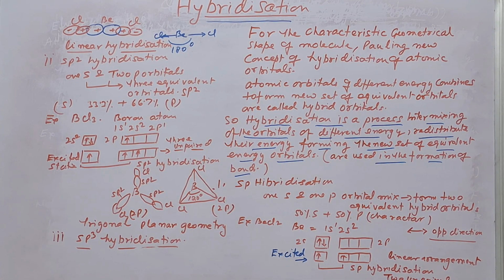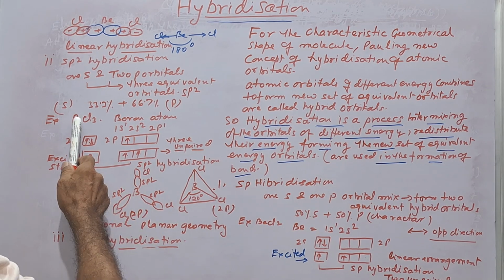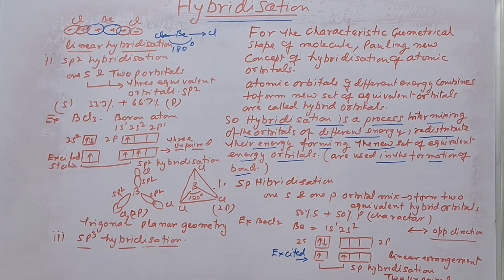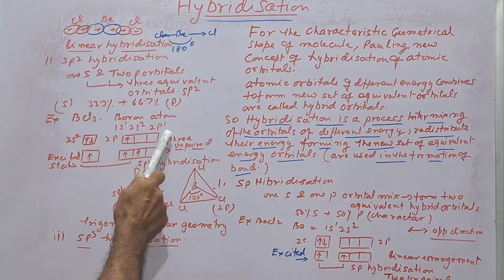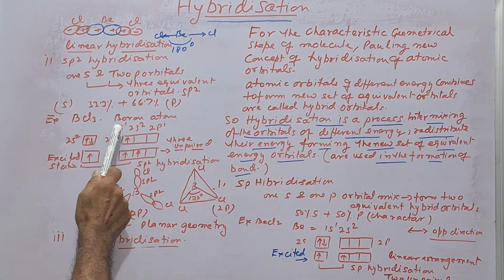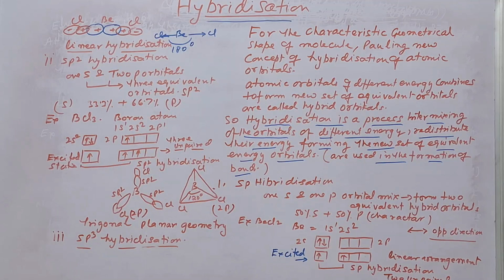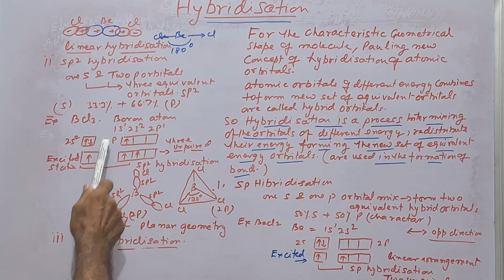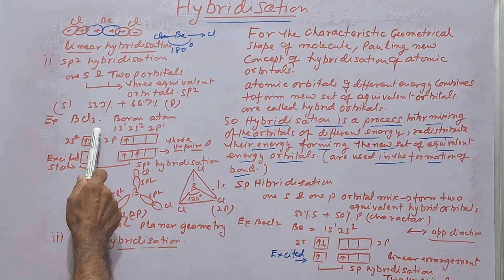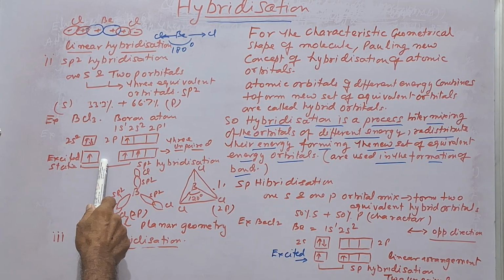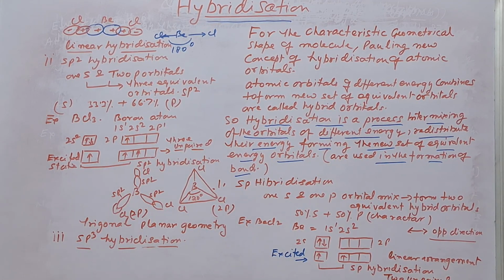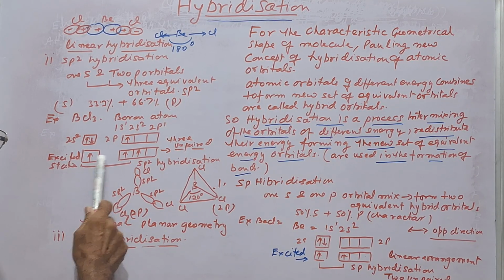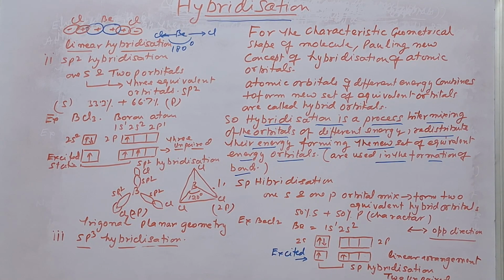Now for example, we take boron chloride, BCl3. The electronic configuration of boron is 1s2, 2s2 and 2p1. Now in the excited state, one of the electrons of the 2s is promoted to 2p, so there are 3 unpaired electrons.